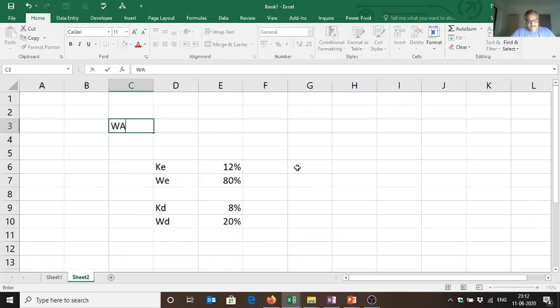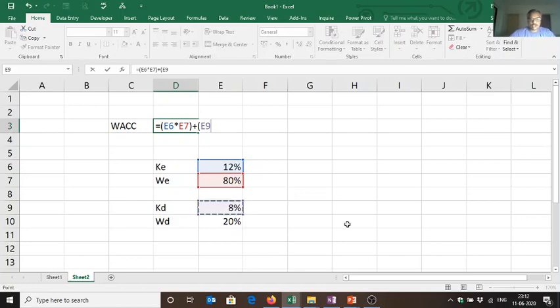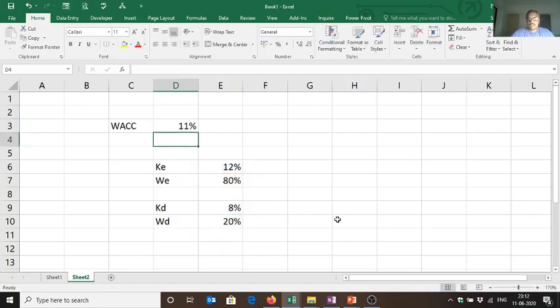Let me use WACC, cost of capital. And what I am doing, I am just multiplying the cost of equity with the weight of equity plus cost of debt into its weight, and that's it. So this is my cost of capital.